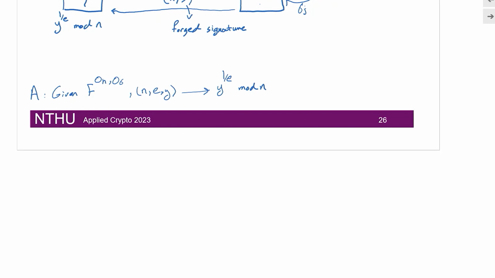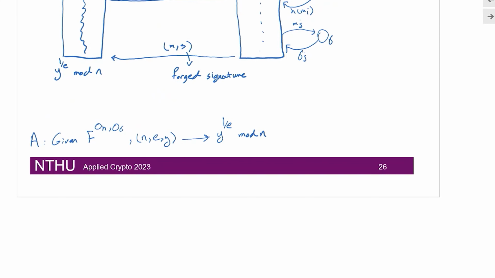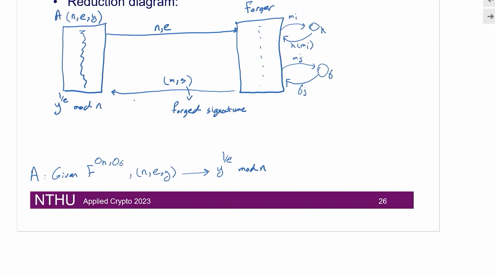So this is our goal. So the question is, can we create this A? It looked like this reduction diagram works. So can we turn A into an algorithm that, every time we call it, does the entire thing by itself? So we want to design that algorithm. We are given this forger with access to these oracles, and this input, and then the algorithm would go and interact with this forger.